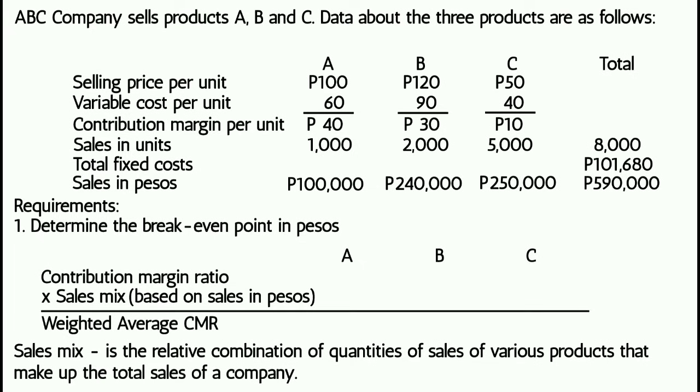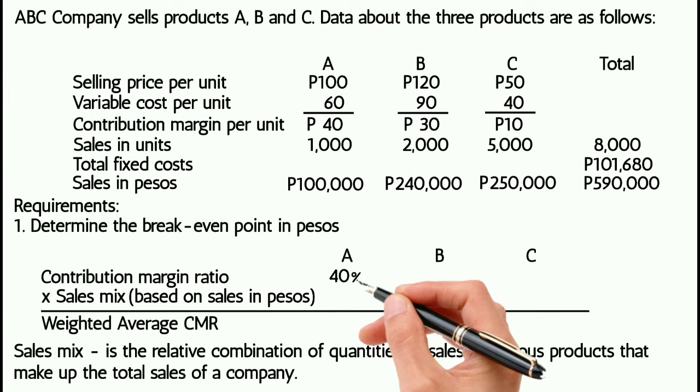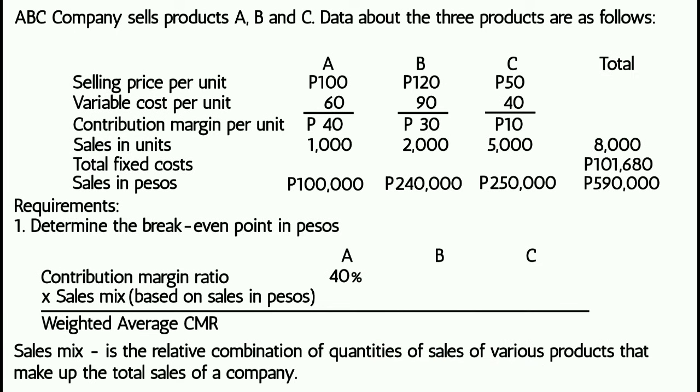So for product A, ang contribution margin per unit ay 40 pesos. Ang selling price per unit ay 100 pesos. 40 pesos divided by 100 pesos, that is equal to 40%. Sa product B naman, ang contribution margin per unit ay 30 pesos.